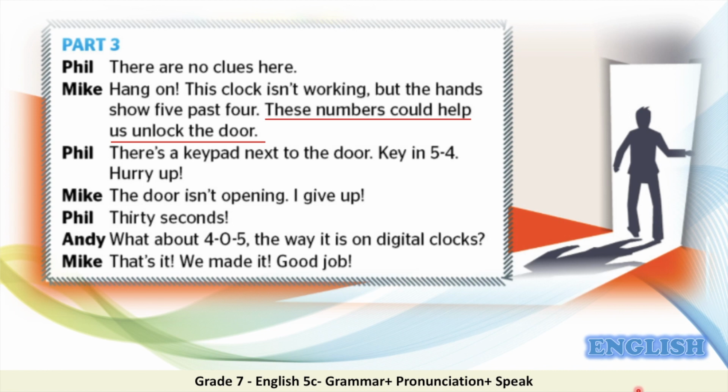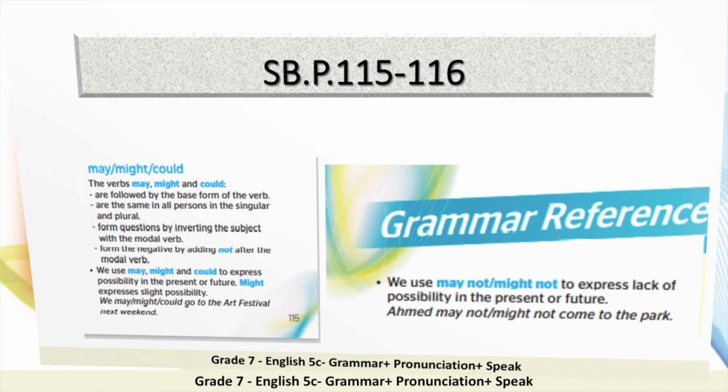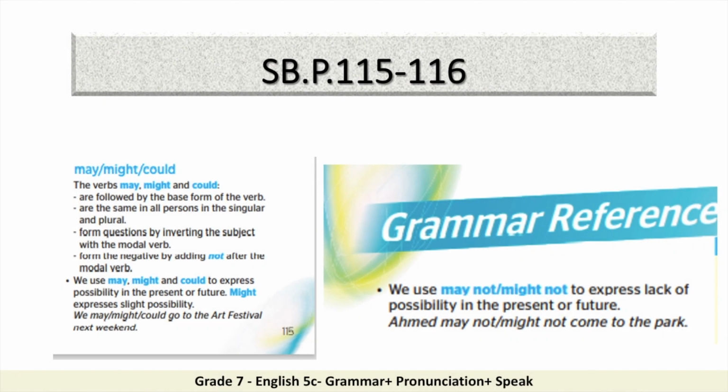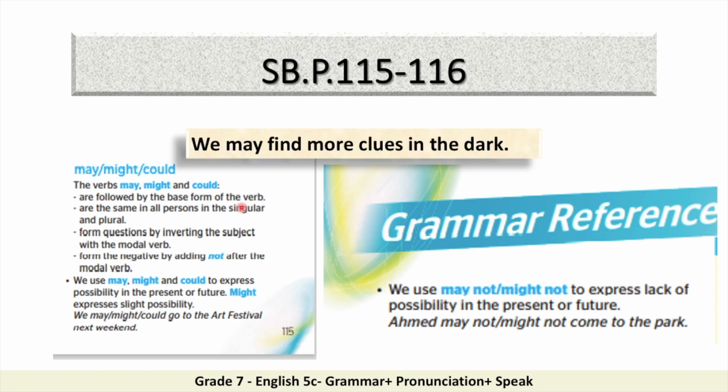Now, let's move to the grammar reference, pages 115 and 116. The verbs may, might, and could are followed by the base form of the verb. For example, we may find more clues in the dark.